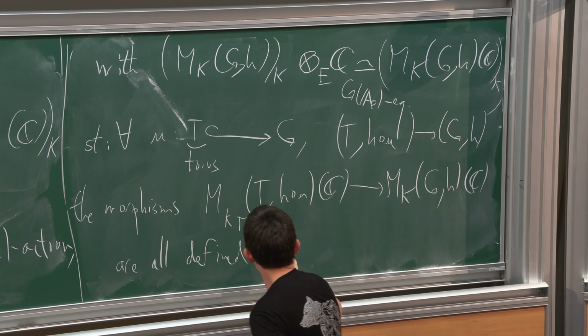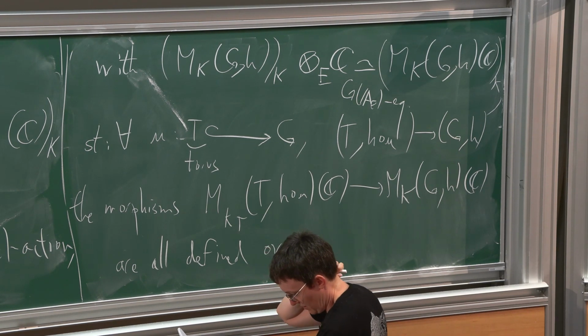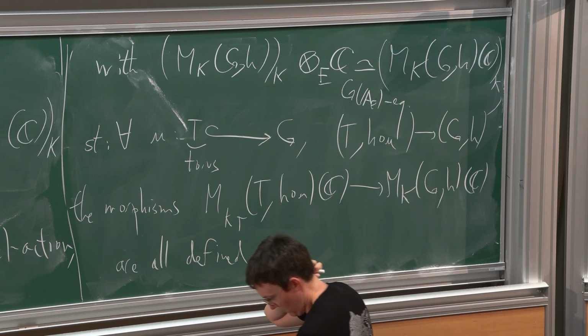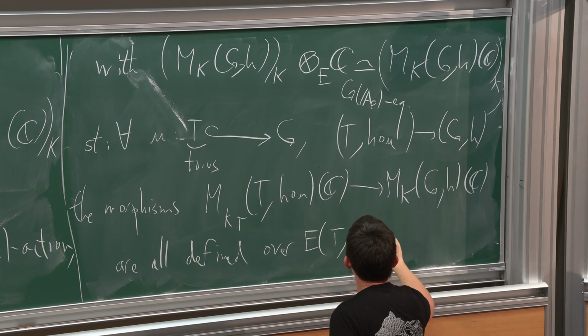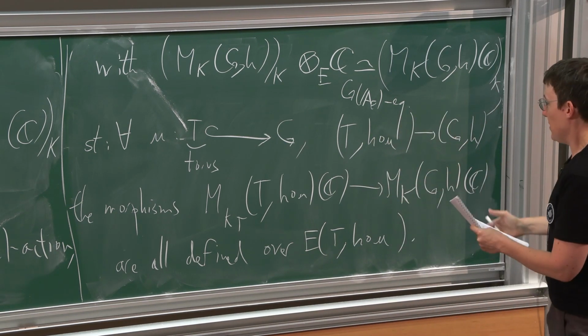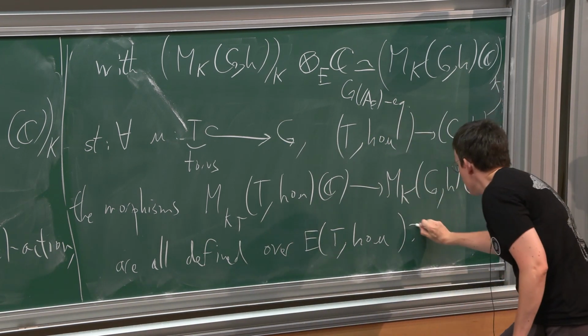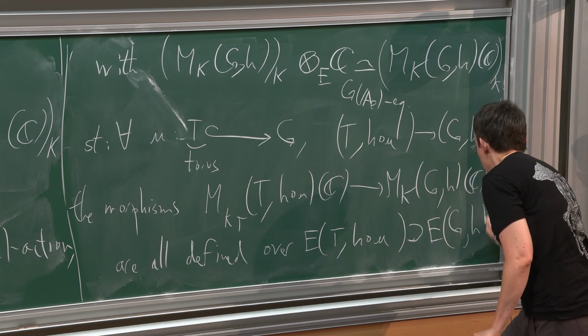And these morphisms should all be defined over the reflex field of this Shimura datum, but this one contains the reflex field of GH.